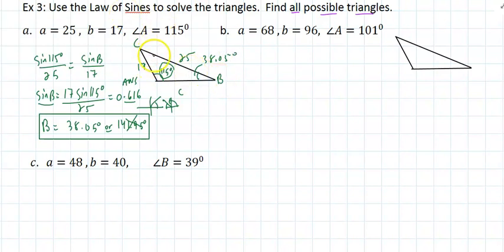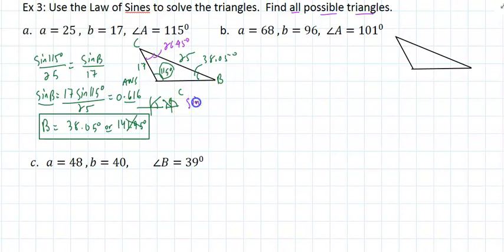Once I have that, pretty much I got everything else down. I know how to find this angle. That's 180 minus 38.05 minus 115, and that turns out to be 26.95 degrees.